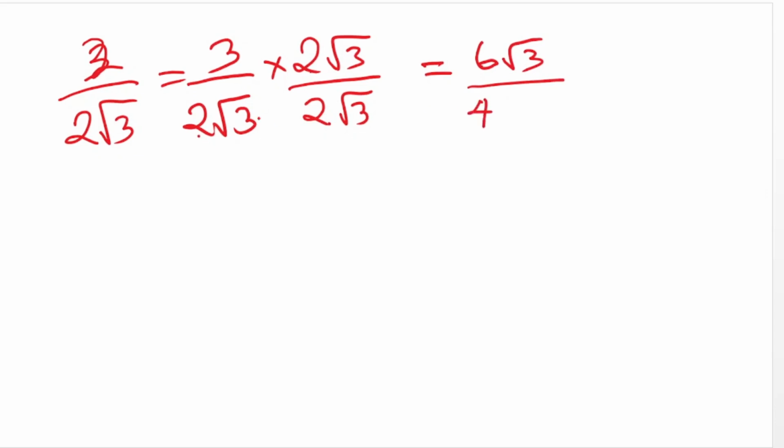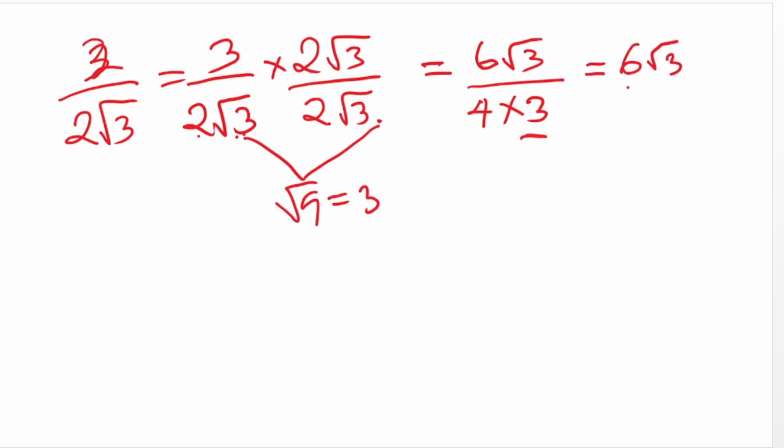Then root 3 times root 3 is root 9, and that is equal to 3. That's how we got this. So from here we are saying 6 root 3 all over 4. So 6 and 4 simplify, and the answer will then be 3 all over 2. So that is the answer.